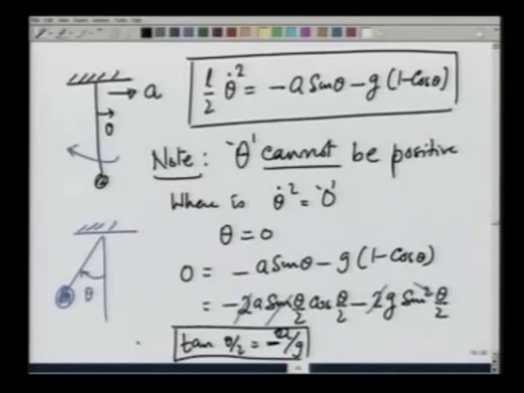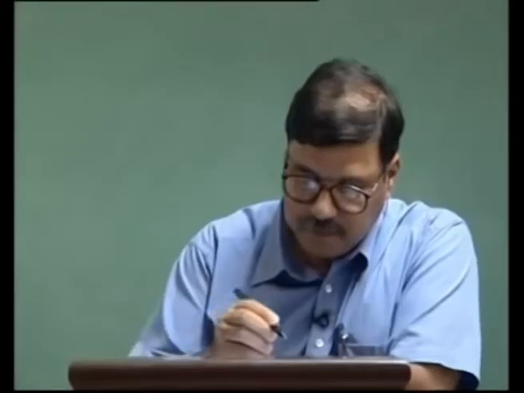So, theta dot square becomes 0 again when tangent of theta by 2 is minus a over g.